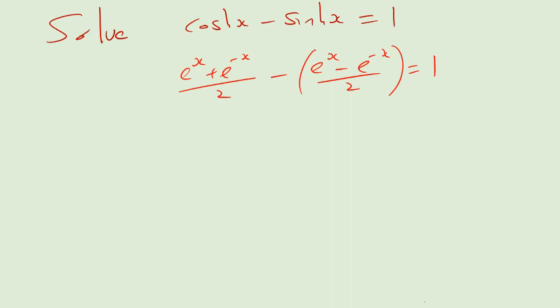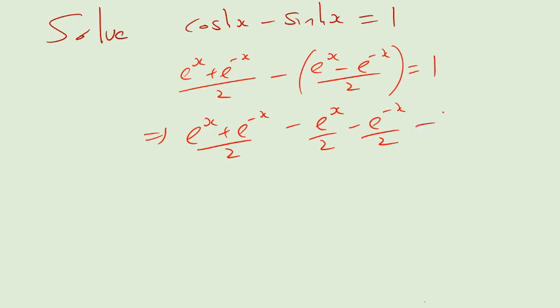Open up the bracket, so we're going to have (e^x + e^(-x))/2 minus e^x/2, plus e^(-x)/2, minus 1 equals 0. You can see straight away that e^x is going to cancel with that. Minus and minus is a plus.